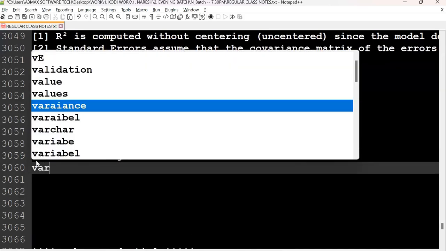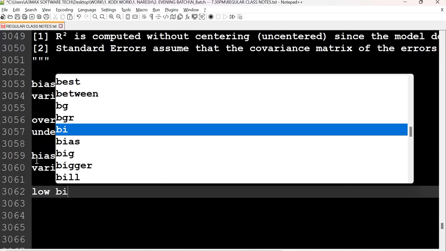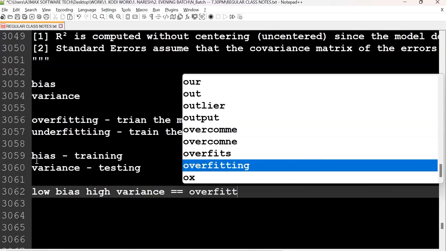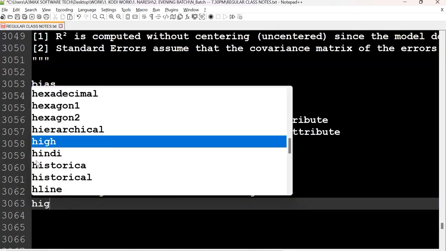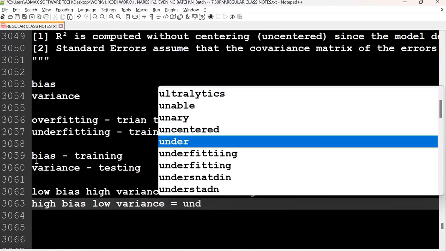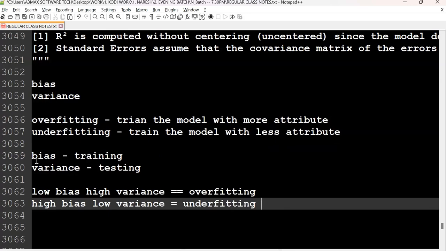This is an interview question. What is meant by bias, variance, trade-off? Testing: low bias and high variance is a concept called overfitting. Understand, guys? High bias, low variance is called underfitting.